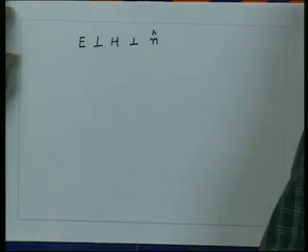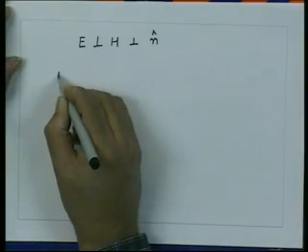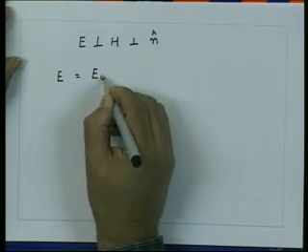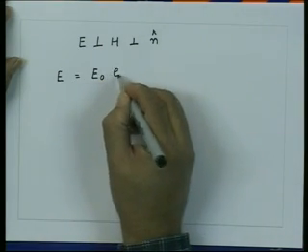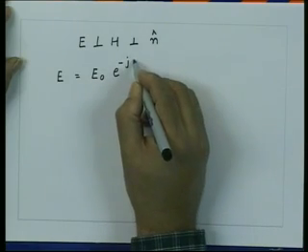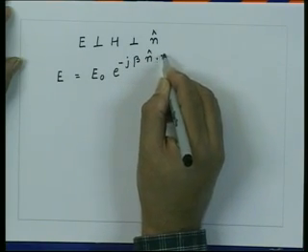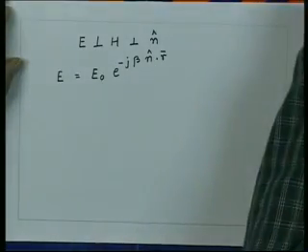Now, if we write down the fields in the standard form, any electric field has some amplitude E0 with a phase function e to the power minus j beta n dot r, and then we can compare this with the phase function given for these fields.